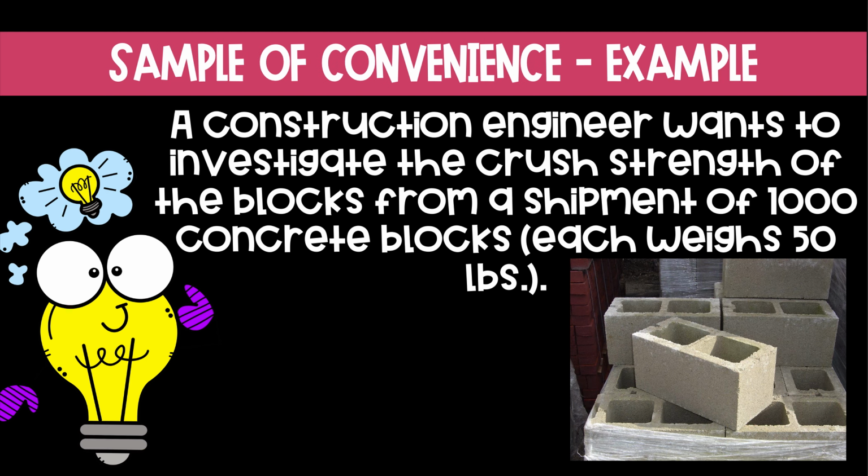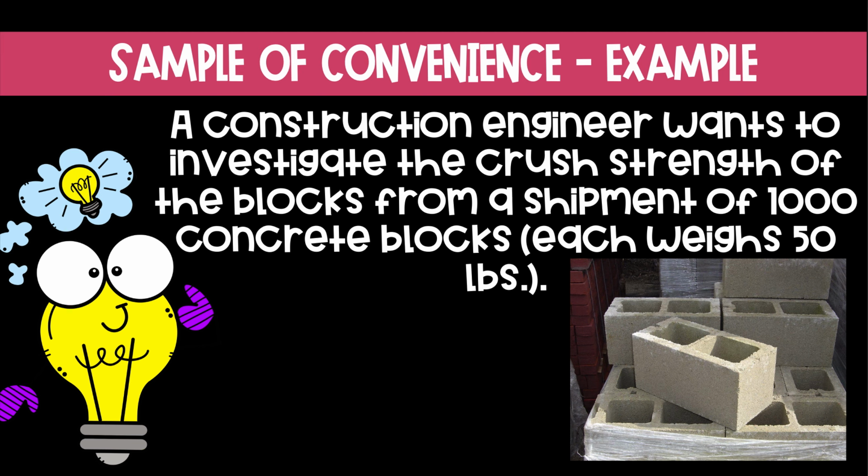Instead of choosing at random out of those 1,000 concrete blocks, he just grabs one portion from the corner, or from the side, or from the top, because they're too heavy to be putting in a bowl and scrambling them and then pulling them at random, or choosing from the very middle of the shipment. This will be a sample of convenience.